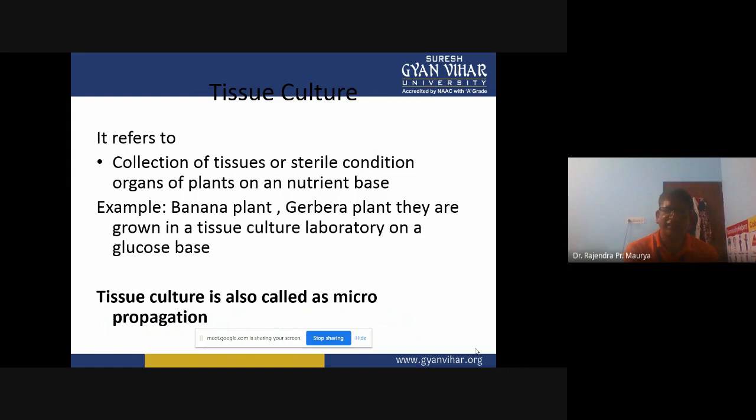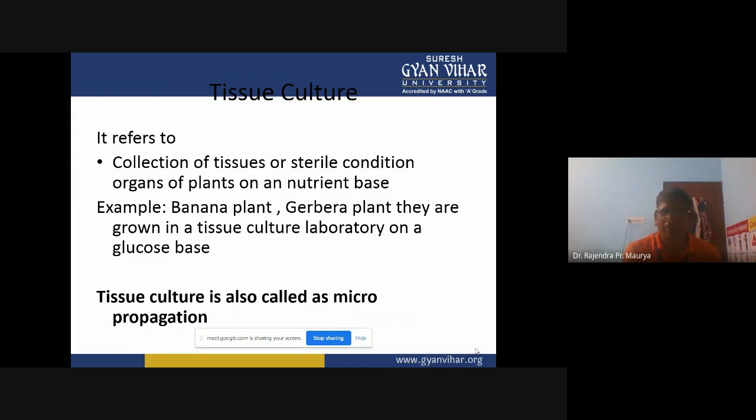Two scientists, Murashige and Skoog, suggested the medium for plant tissue culture in 1962, and it is very popular and most commonly used, besides WPM, that is woody plant medium, and various other types of media that are available.